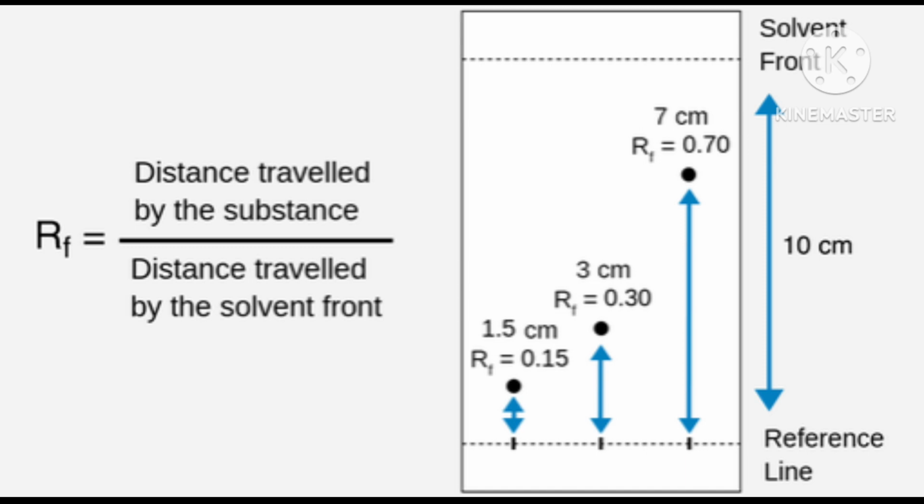Column chromatography is just like a burette type. In the burette, at the end, there is a nozzle and stopper.